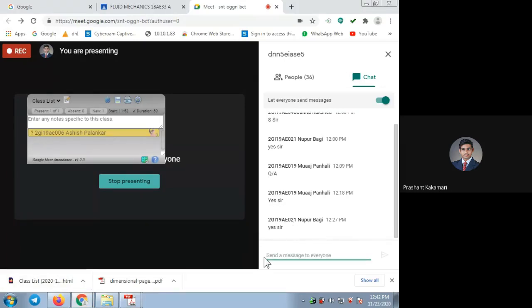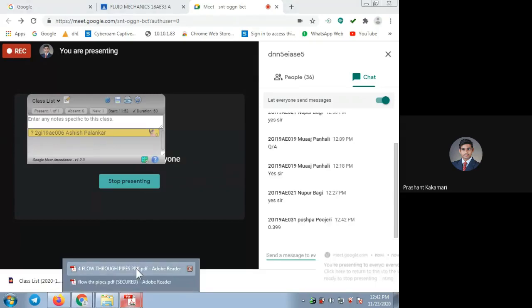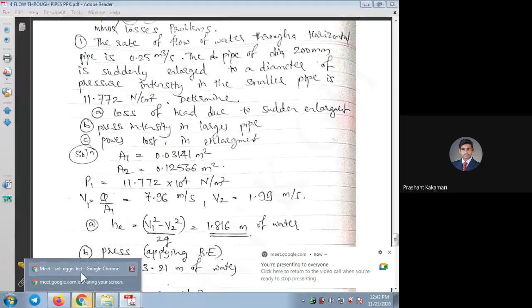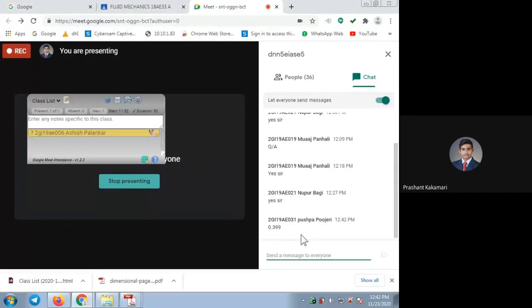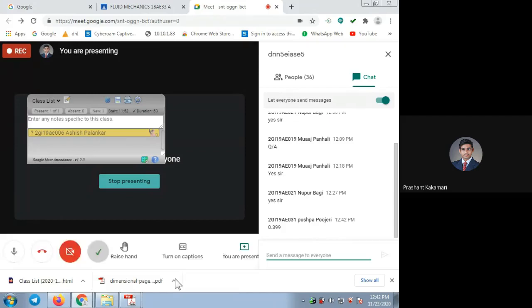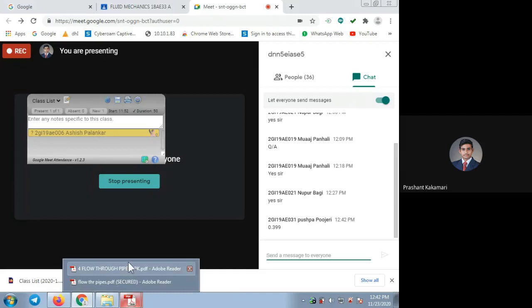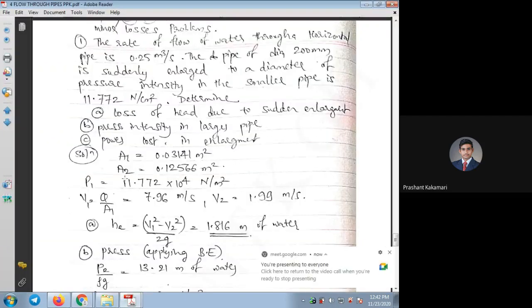Is anyone using a calculator? Please check this diameter. How much are you getting? 0.399. Okay, so one can note down diameter D2 as 0.4 or 0.399, or you can write the area given in the problem, A2, as 0.12566 meter square.